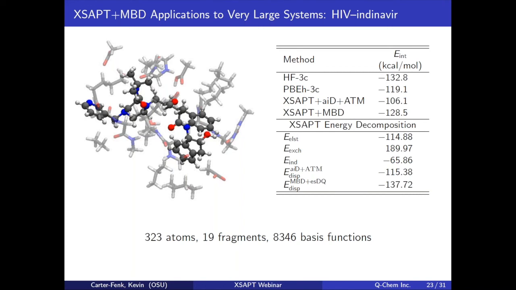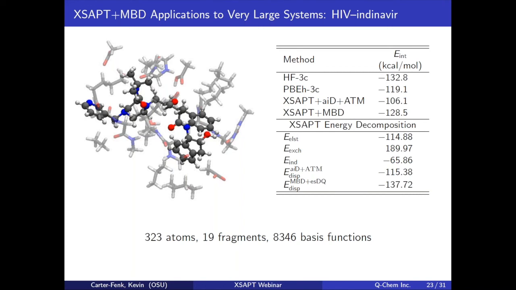So what we would do in the case of this HIV protease active site is find the important residues through whatever may be your favorite method for doing that, and then cut out the active site, and you need to make sure that your individual fragments are not covalently bonded.